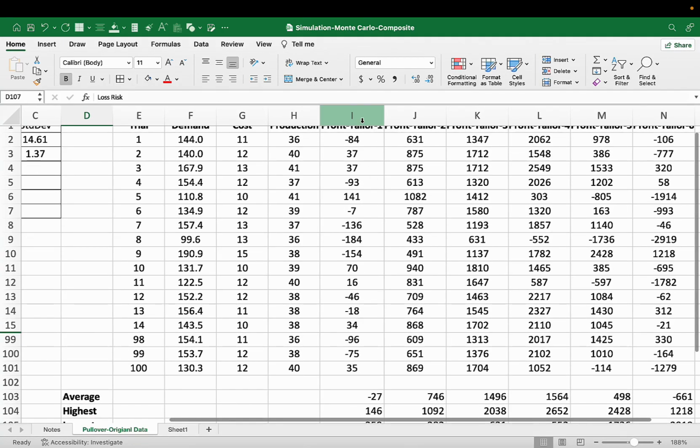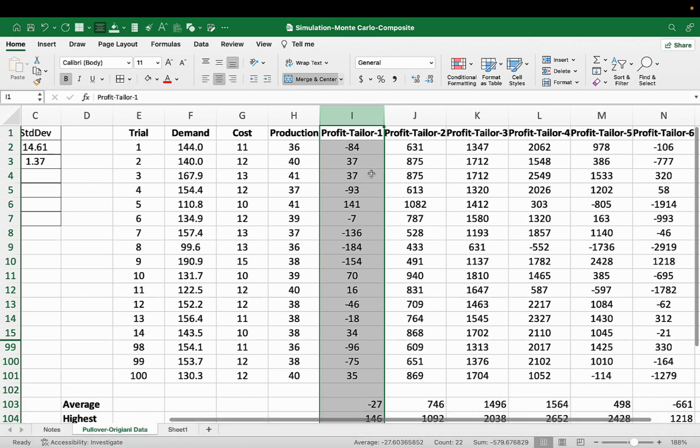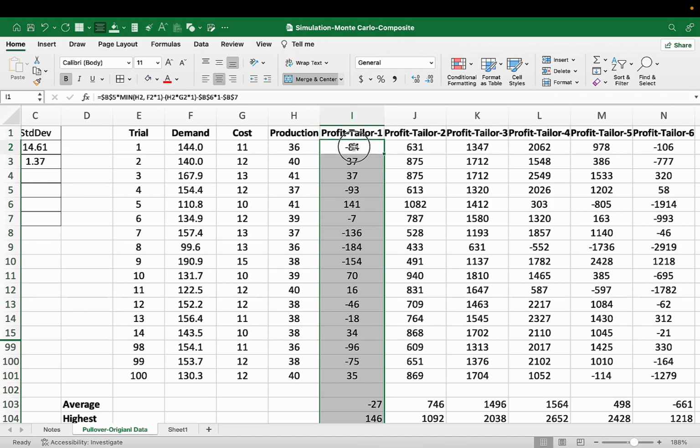So for example, in these 100 values, and of course we know that some of the rows are hidden, including those hidden rows, how many are less than 0? Because less than 0 would mean a loss, because we are talking about profit. So anything that's less than 0, for example this minus 84, minus 93, minus 7, all these negative values are a loss.